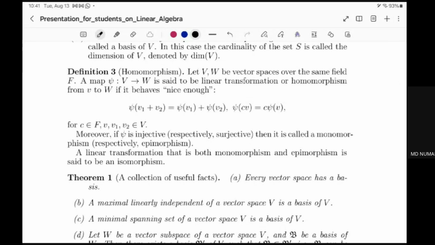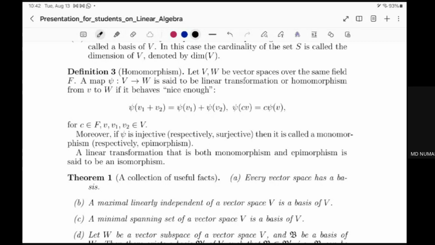Right. Now, the next idea is homomorphism. Like any categorical thing, whenever you have two objects, it is very natural to consider what kind of maps there can be between them. If V and W are just sets, then the functions are just set functions.